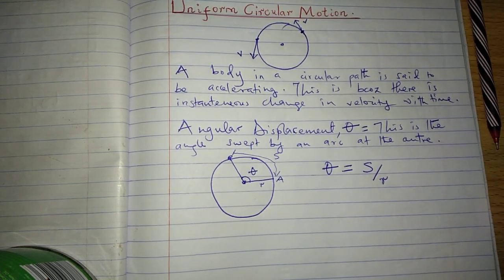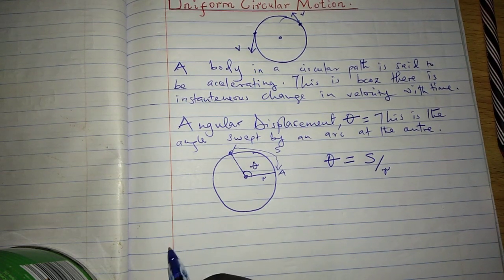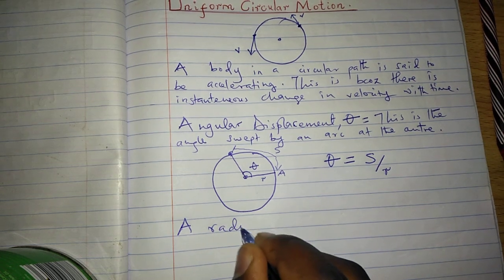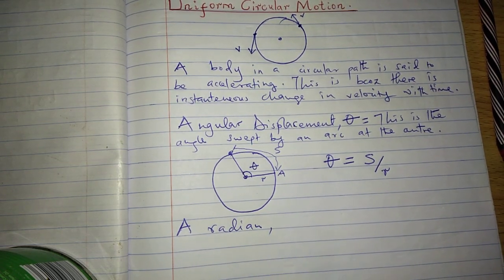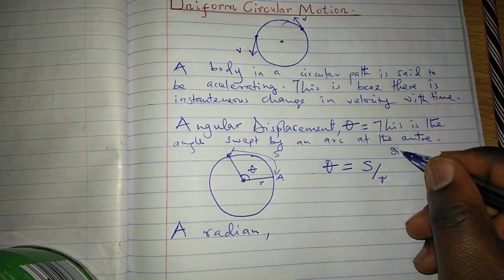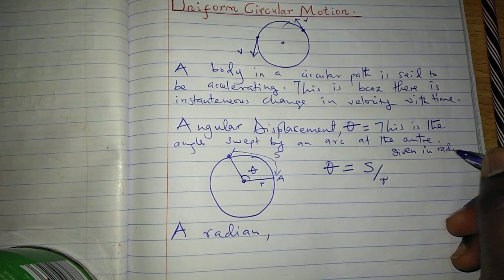After that, we can define a term we call a radian. It is very important we also state that the angle we call angular displacement is given in radians.